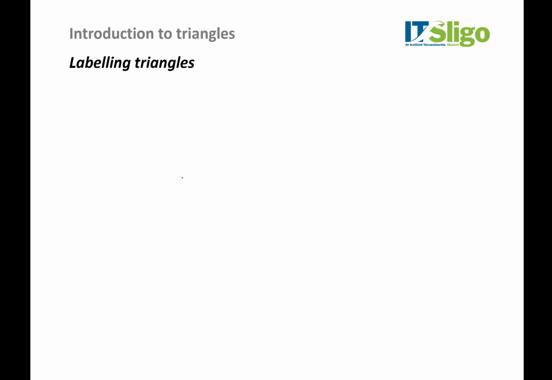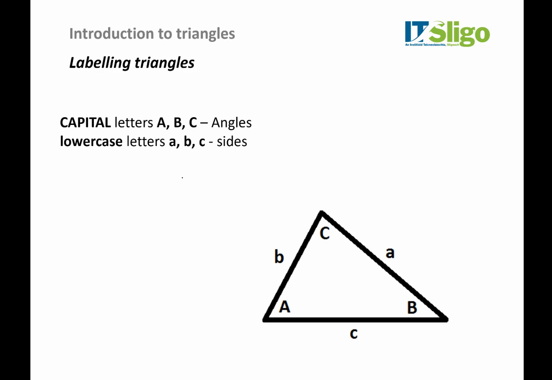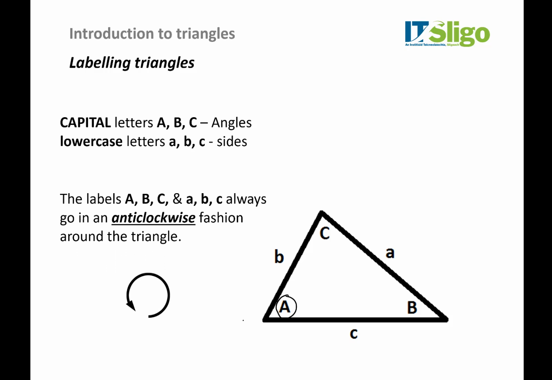First of all, if we're labeling a triangle, capital letters are used for the angles, lowercase letters are used for the sides. This is set in stone. Don't mess around with this. So small letter means a side, capital letter means an angle. Once you choose a position, if you say this is angle A, everything is labeled anti-clockwise from there.